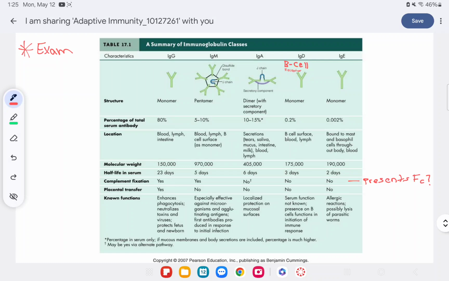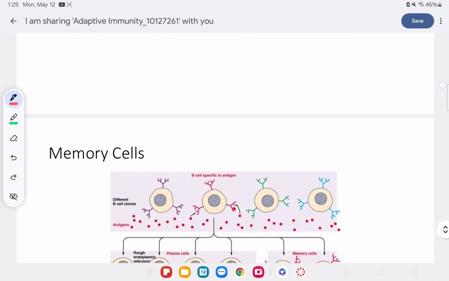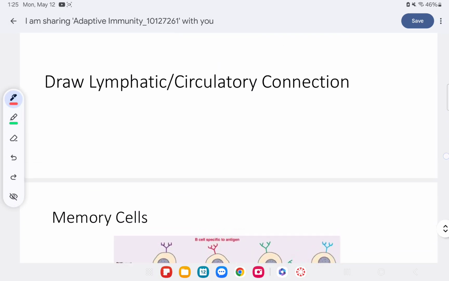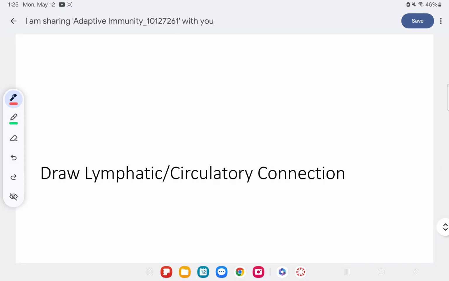Okay, so here's my picture to draw the lymph and circulatory connection. I drew part of this the other day, but we'll just do it again, so we're clear. Okay, so this is your tissue.